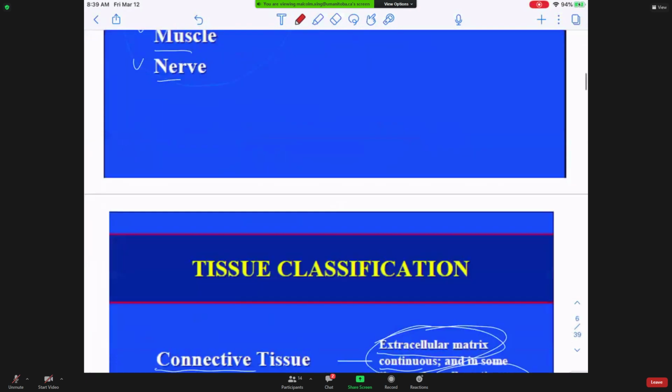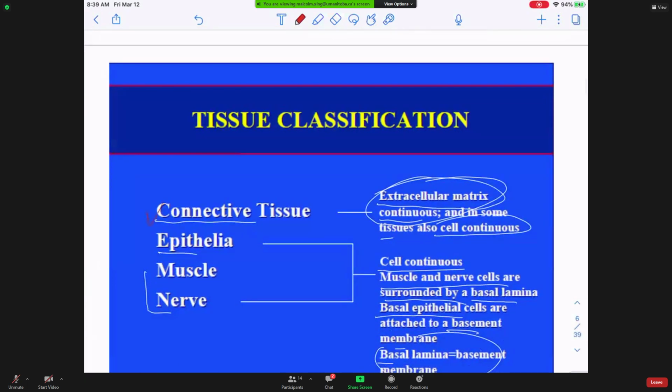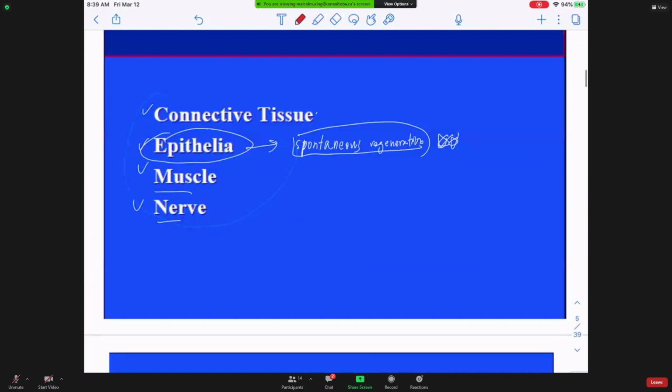For regeneration, we talked about connective tissue, epithelial, muscle, and nerve. Only epithelial is spontaneously regenerated, which means epithelial can regenerate by itself. For muscle, nerve, and connective tissue, any kind of injury will form scar tissue.